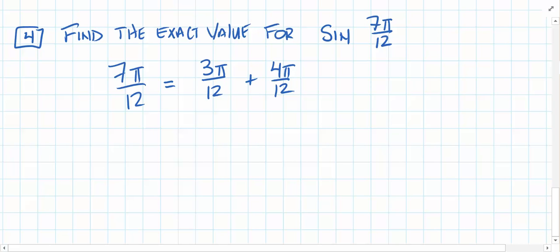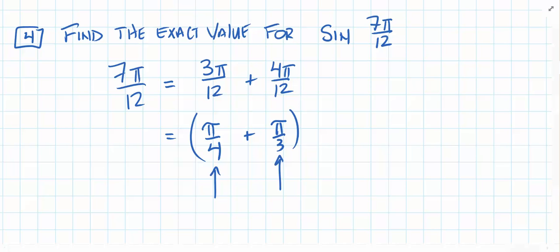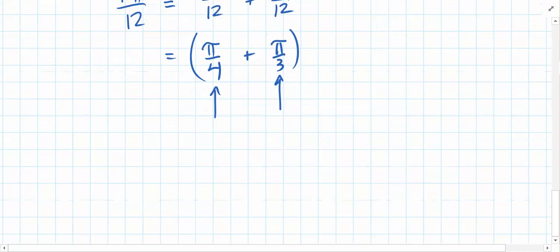Simplifying that, that gives us pi divided by 4 plus pi divided by 3. Both of these angles are nice, easy angles to work with, right? So instead of 7 pi over 12, we're going to rewrite it as pi over 4 plus pi over 3. That's the very first step. So we're going to rewrite this.